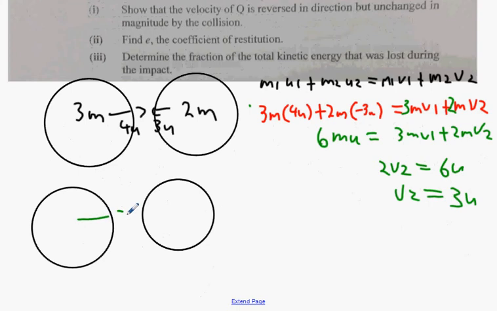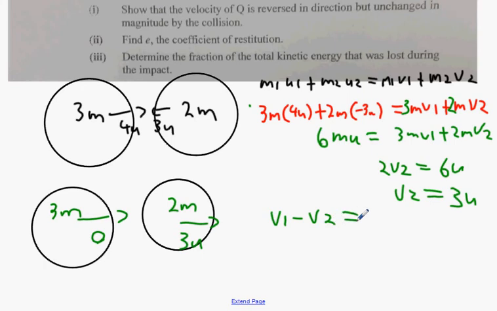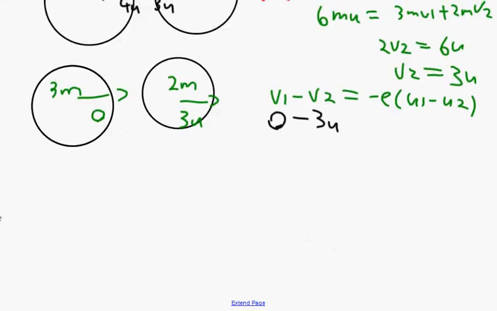Now, Newton's experimental law. So that's 0 afterwards, that's 3m, and that's 2m, and it's going now at speed 3u. The way I memorize this is the difference in your velocities after the collision is a fraction of what it was before the collision occurred. So what's v1 minus v2? It's 0 minus 3u, and then on the other side it's going to be e.